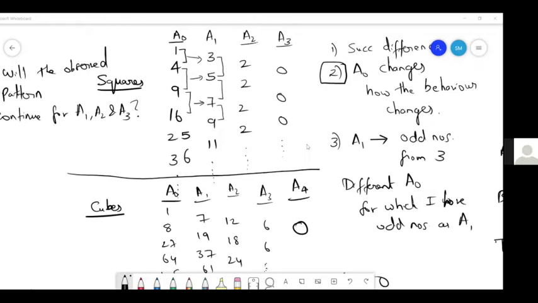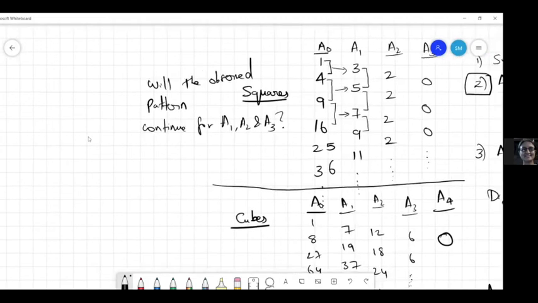X plus 1 bracket square is, let us say, the next consecutive number. I'm talking about A0. Suppose your first is x square and your next is x plus 1 bracket square. So you are taking the difference of that.